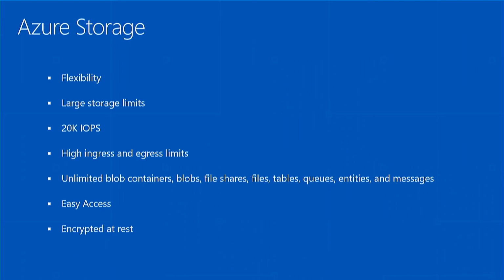Out of the box, you've got 20,000 IOPS per storage account. Upon request, that could be increased to 50,000 IOPS. And the ingress is limited to 10 gigabits per second in non-US regions, 20 in US regions, and can be up to 50 gigabits per second. So that is a lot of bandwidth and a lot of data that we're talking about moving there.